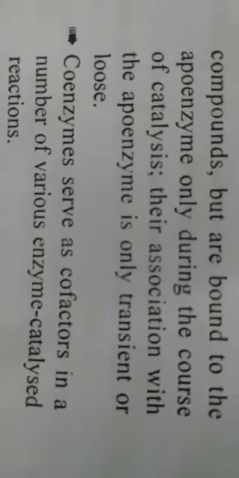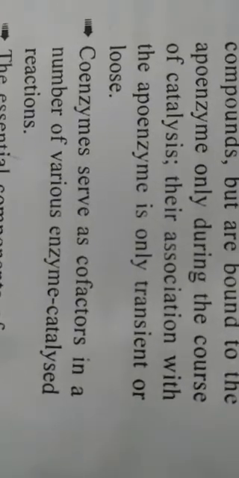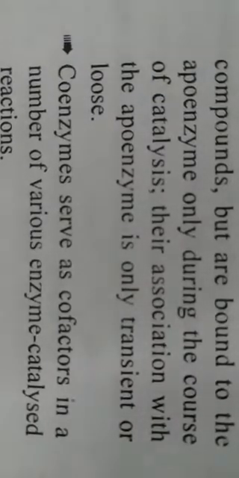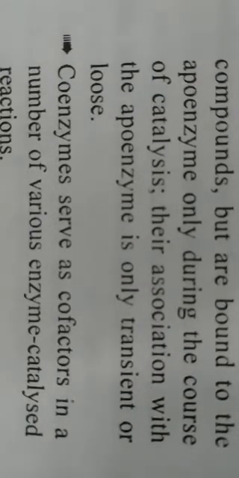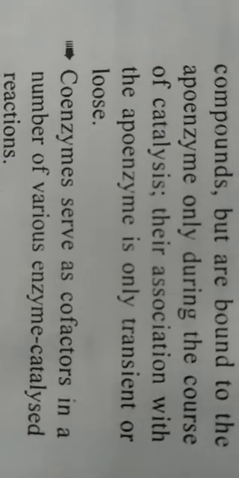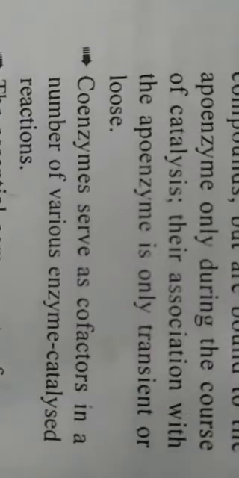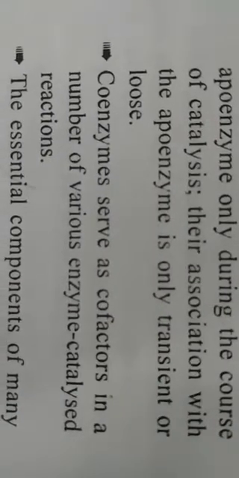Now their association with the apoenzyme is only transient or loose, means it is not tightly packed, it is loose and can immediately get separated, right? Now the coenzymes serve as cofactors in a number of various enzyme catalyzed reactions, clear.